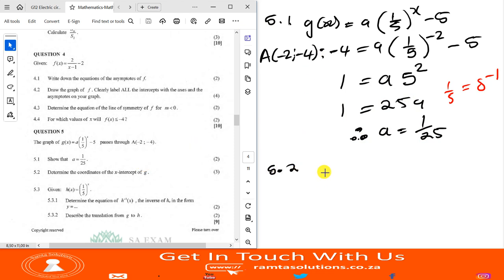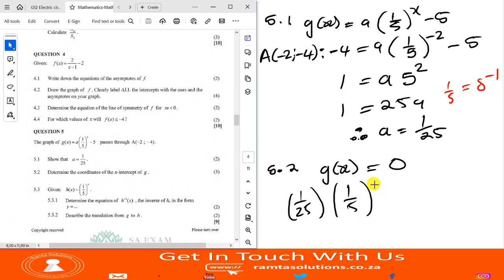5.2. Determine the coordinates of the x-intercept of g. Did you guys get that? Coordinates of the x-intercept of g. So this means g of x must be 0. What is g of x? We just said it is 1 over 25 times 1 over 5 to the power x minus 5, equals 0.